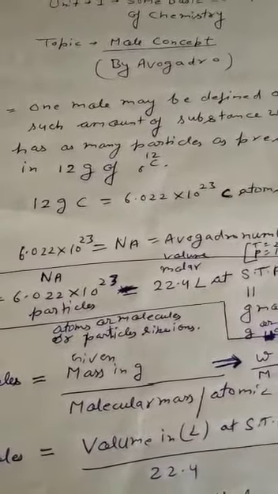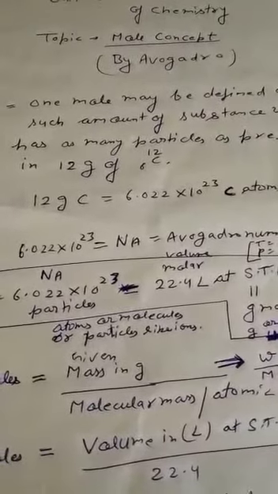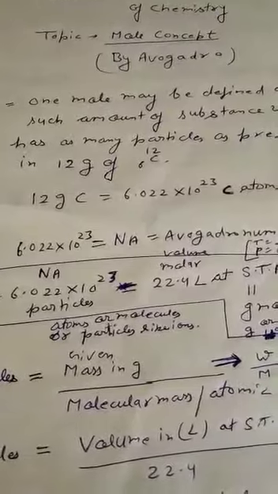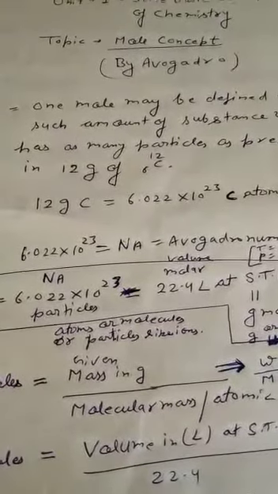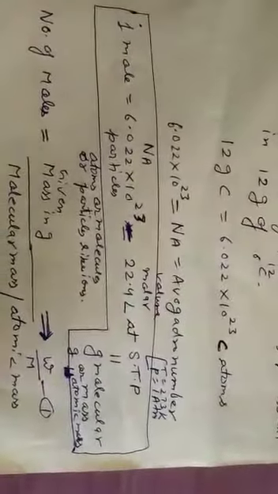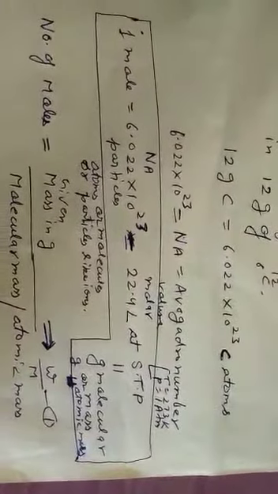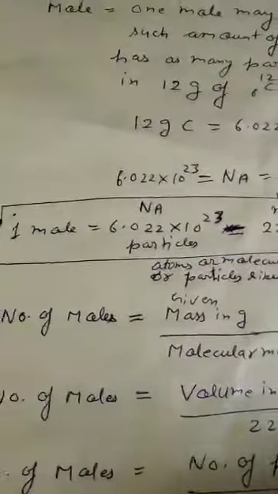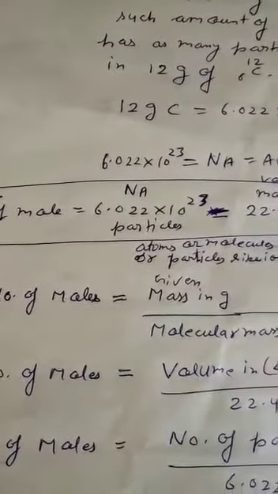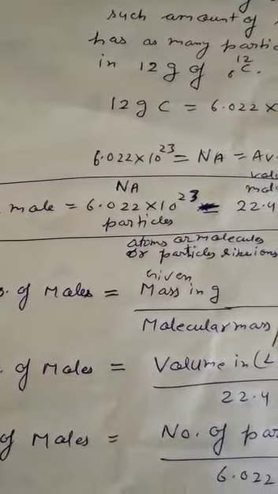Suppose a particular substance has atoms, then we can give the number of atoms, and if it has molecules, then we can find out the number of molecules. Or if there is some ionic substance, we can find out the number of ions present in that substance. So briefly, that is the whole mole concept. 1 mole substance is equal to 6.022 into 10 raised to power 23 particles.